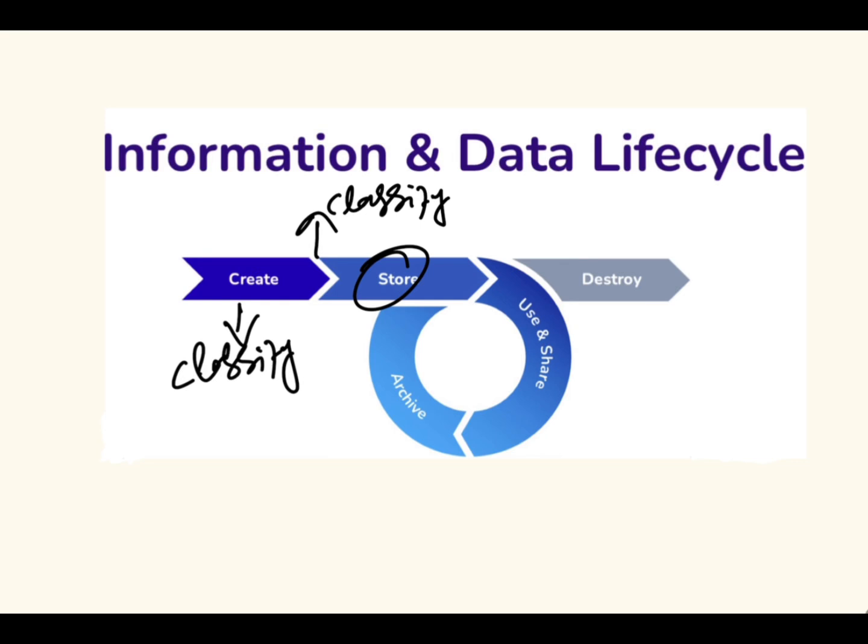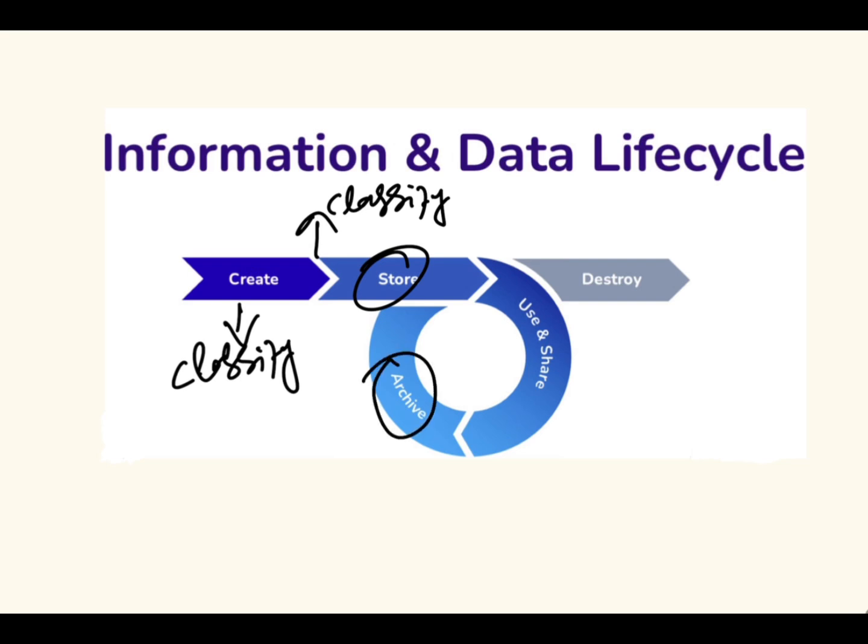Which security measures need to be added? Role-based access, audit logs, and DLP, data loss prevention. I'm giving you a few examples. There could be multiple security measures, but these are the essential things we are focusing on.